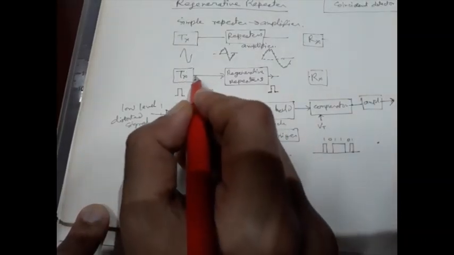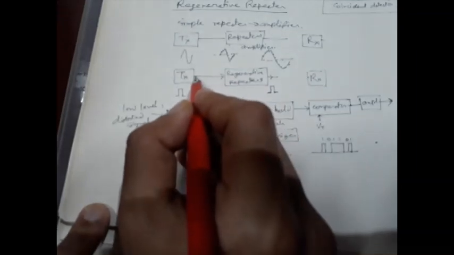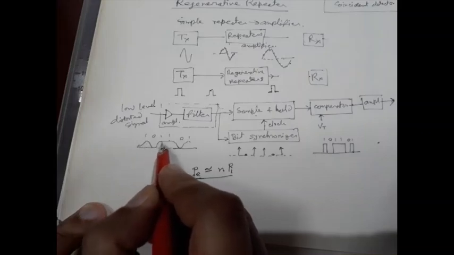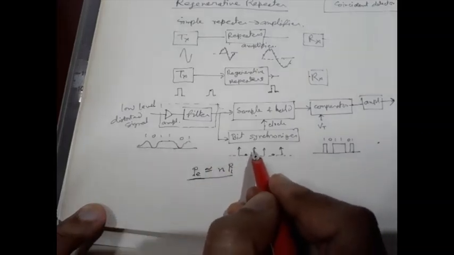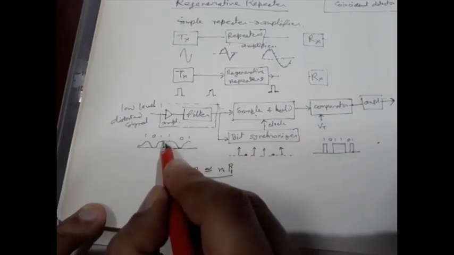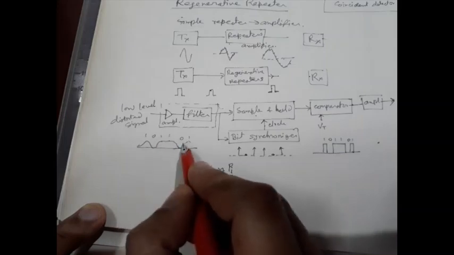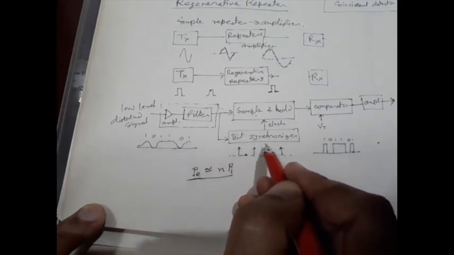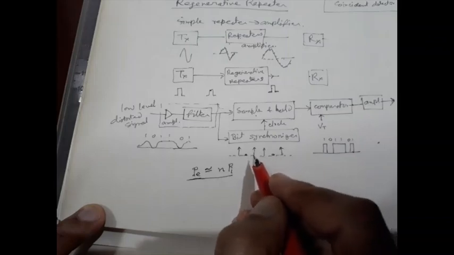if we increase the distance from one repeater to another repeater, then what will happen? More noise will come, and in the presence of larger noise, the signal to noise ratio will be poorer, inferior.